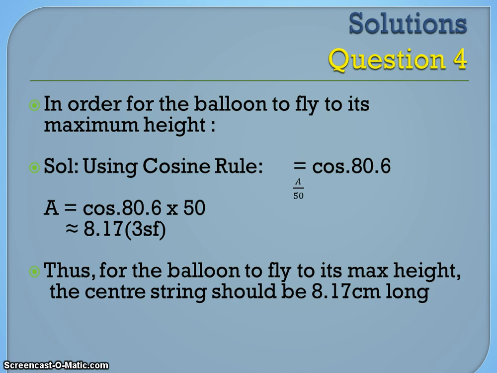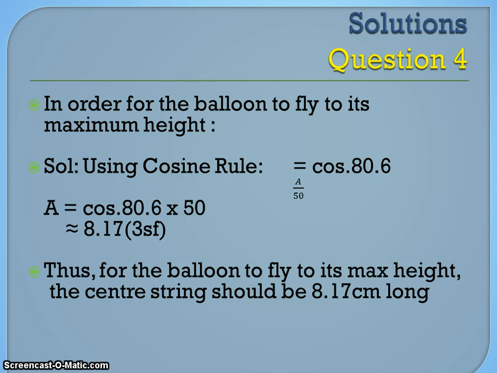For our last job as a janitor, we had to fly a very large balloon above the school to welcome the new freshmen. We are supposed to support it with 3 strings, each one attached to a side of the building and one in the center. So we need to find out how long the center string should be to allow the balloon to reach its maximum height.